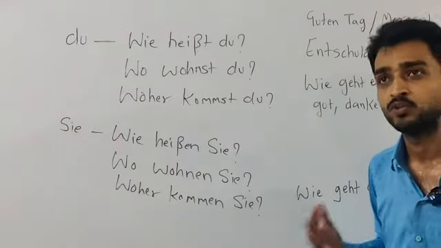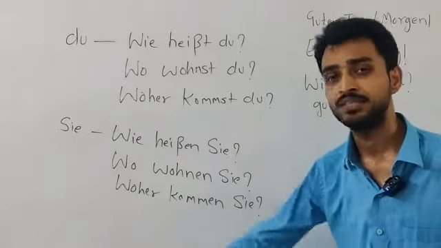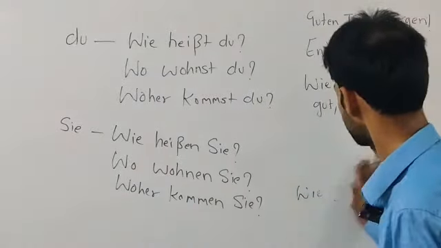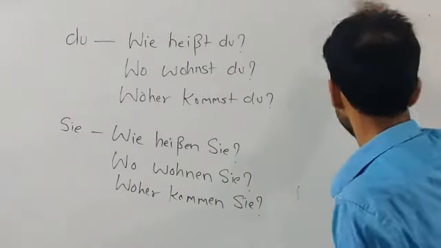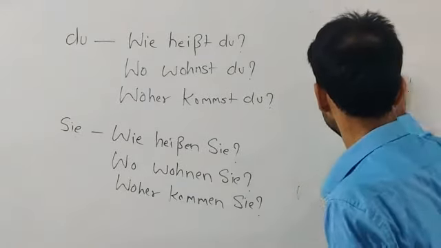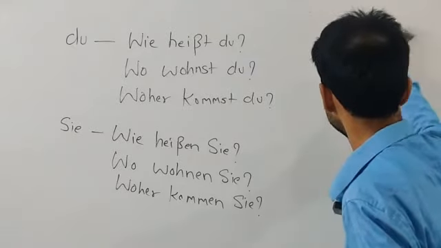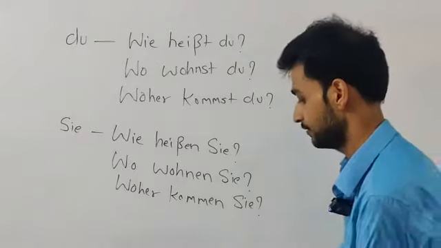Now I would like to tell you about the personal pronoun. Before that, I have to erase the board and make it clear. Now we'll see personal pronouns in German. Like first person, second person, third person. It is again very important.